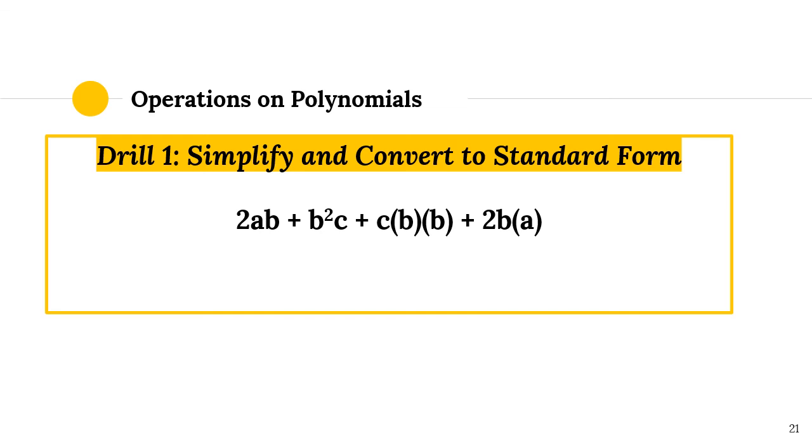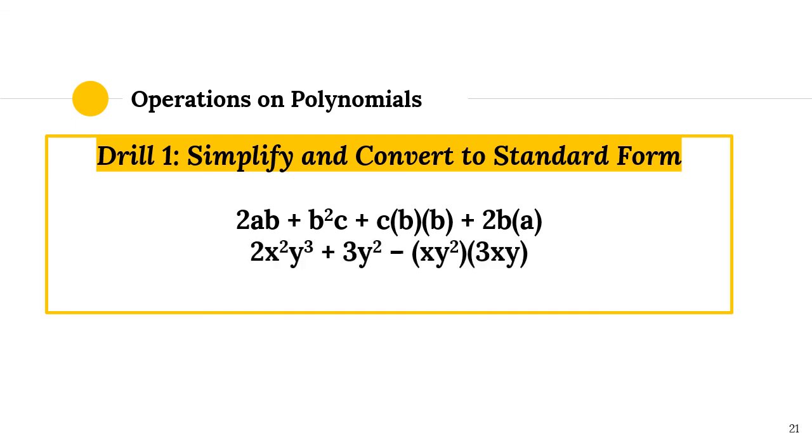So you can combine the first and the last, making it 4ab, and the second and the third, making it 2b squared c. Now 2b squared c has a degree of 3, so it comes first: 2b squared c plus 4ab. Correct answer is 2b squared c plus 4ab.